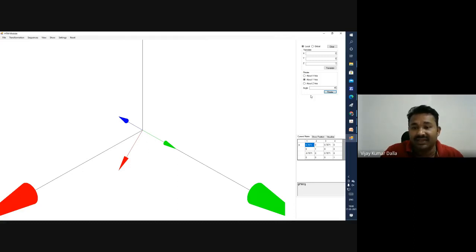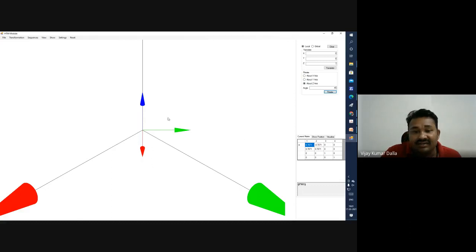Similarly, if I put rotation about z, see, the z-axes of both the coordinate frames are on the same axis. There is no rotation, meaning both are at the same place.